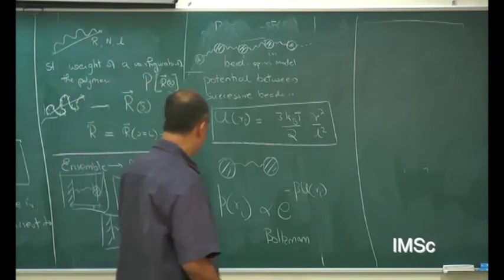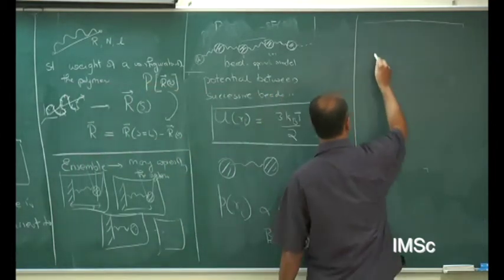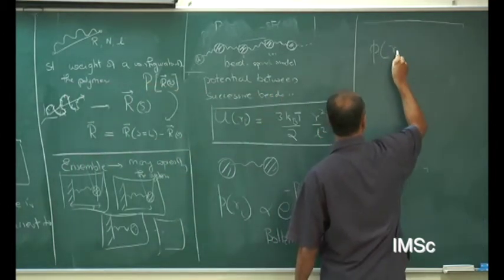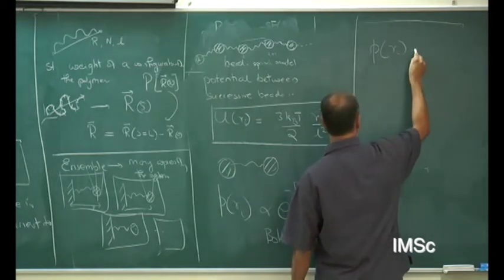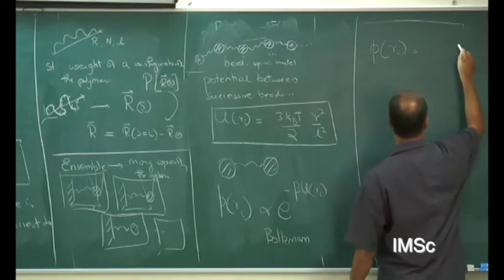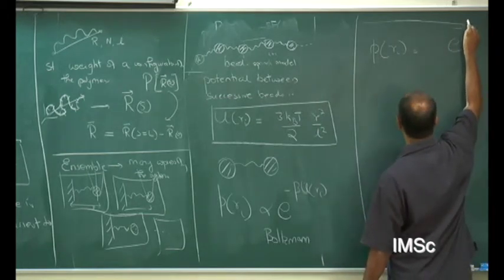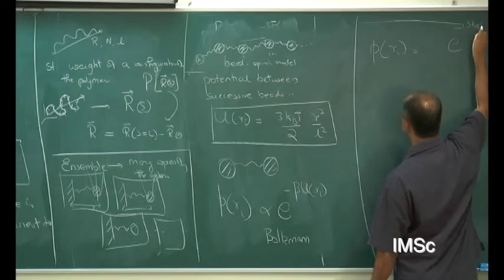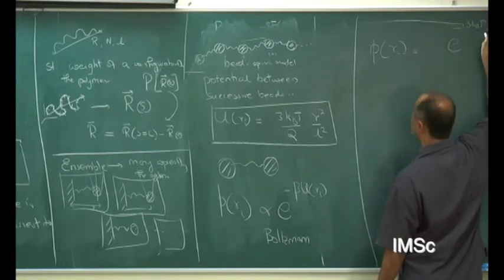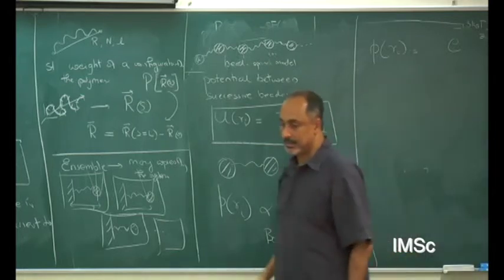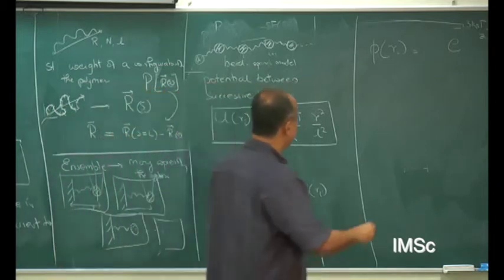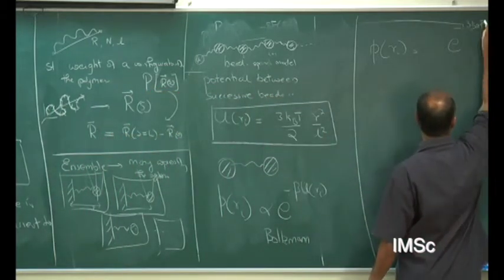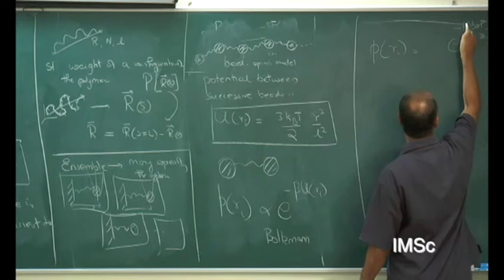So first of all, we must normalize this correctly because this is a probability. So the probability of having the two ends of the bead separated by distance Ri is exponential of minus 3 kBT R squared divided by twice L squared. And the factor of beta, of course, kills this. So this should be beta times kBT.